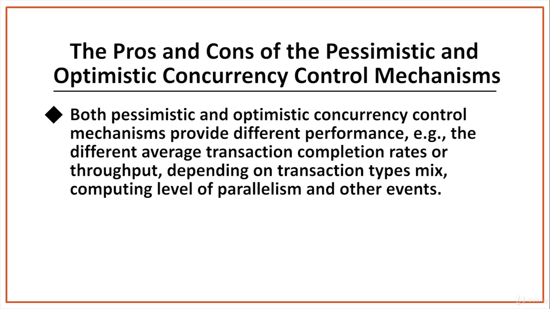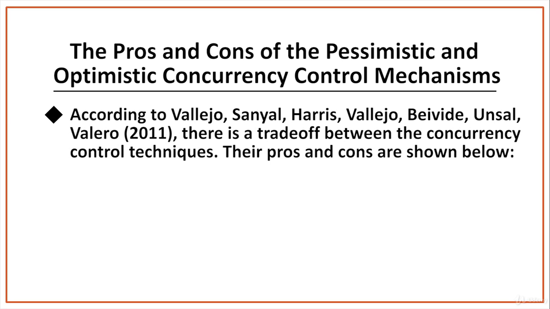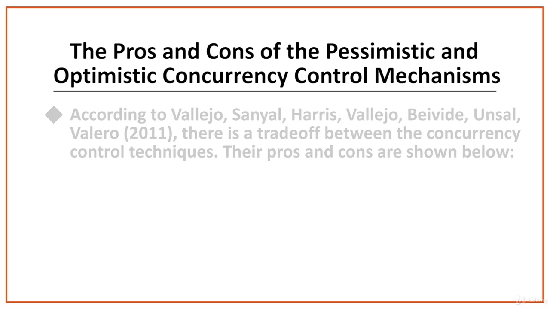Both pessimistic and optimistic concurrency control mechanisms provide different performance. For example, the different average transaction completion rates, or throughput, depending on transaction type mix, computing level of parallelism, and other events. According to Vallejo, Sanyal, Harris, Vallejo, Beivide, Unsal, Valero, 2011, there is a trade-off between the concurrency control techniques. Their pros and cons are shown as follows.